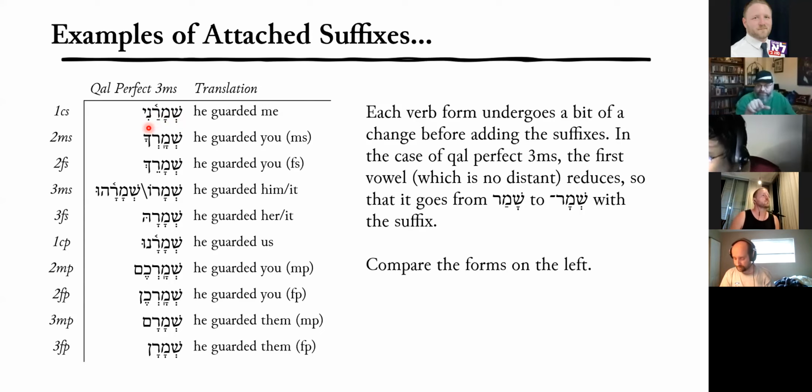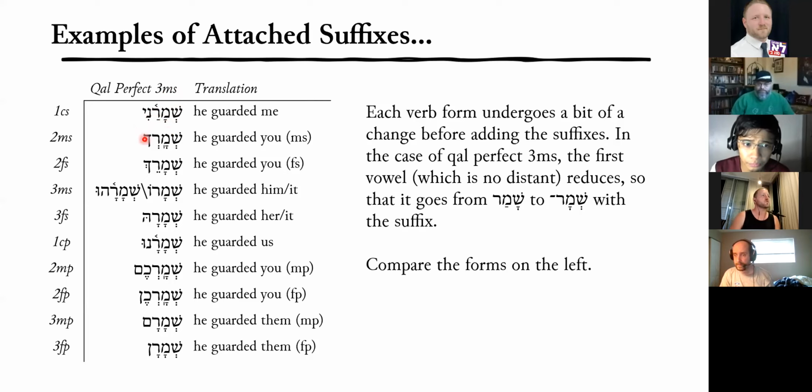Absolutely. Because the accent shifted, this is now the near syllable, which is lengthened, and this is now the distant syllable, which reduced. The linking vowel there is ah, because we're in the perfect. So shmarani, he kept me, or he guarded me.